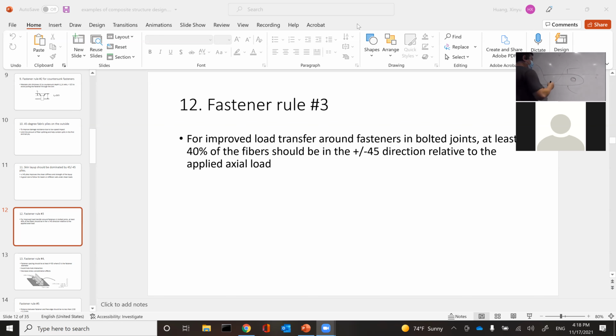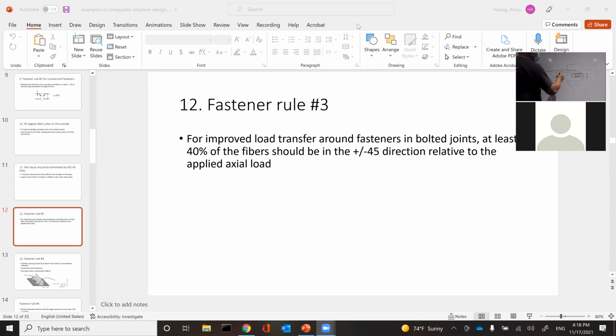Now let's say this is a composite panel. You don't want the layout to be, let me give you a worst layout. The worst layout is all zeros. Okay. You guys see the lines I draw? So what happened in this case is this material, because of the interface, tends to be sheared out easily. It's not a strong joint.